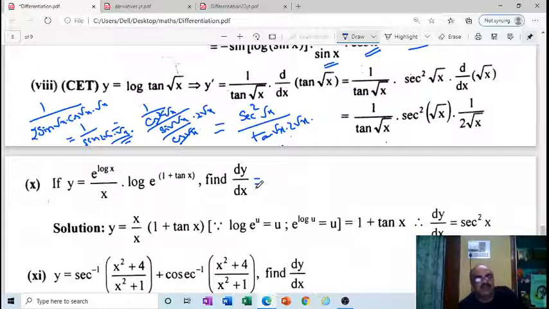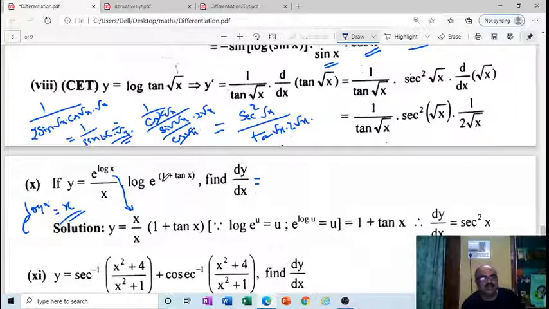E power log x is x itself. Just recollect your logarithm concepts. E power log x is x. That's what is substituted here: x by x.